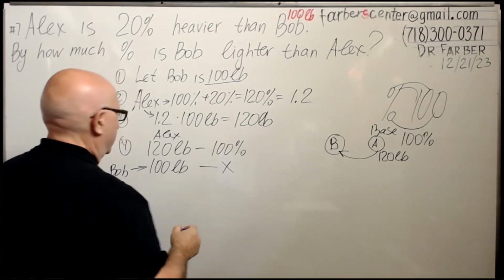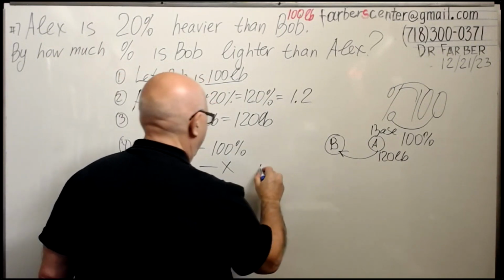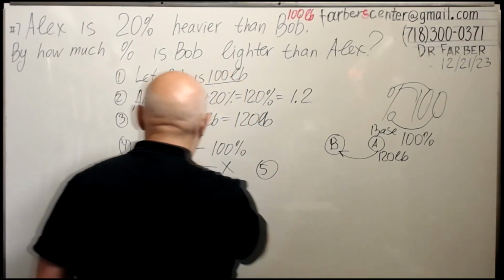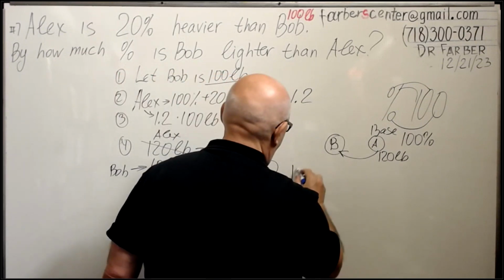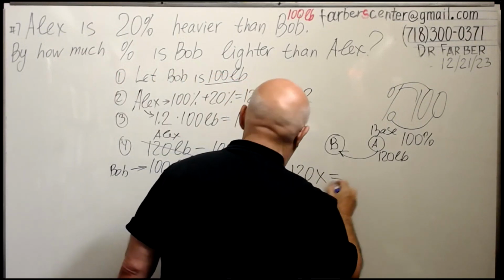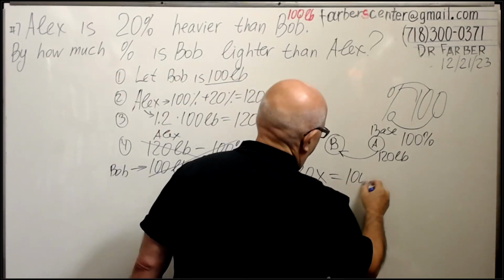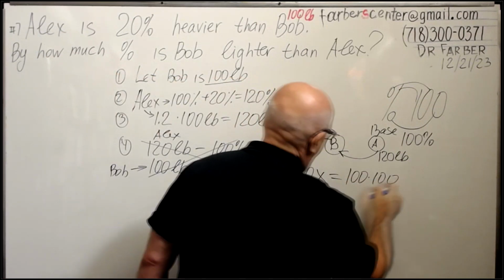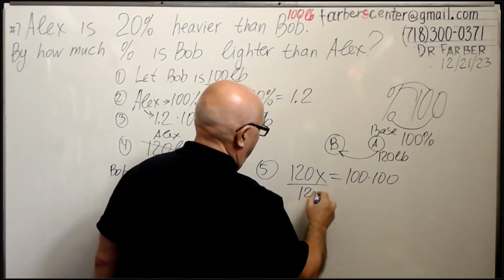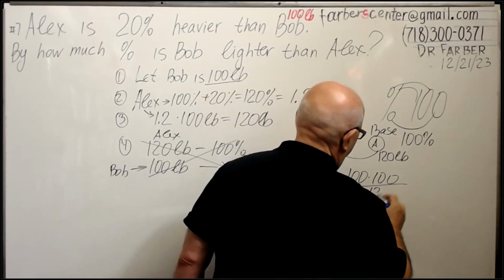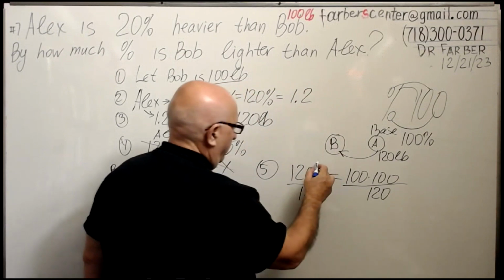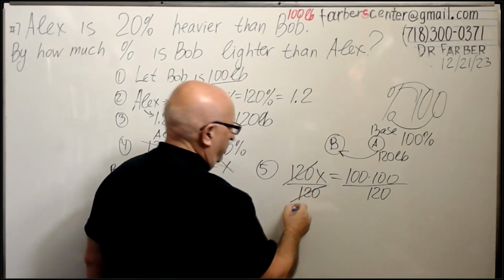What is next? Cross multiplication, step number 5. X times 120 equals 100 times 100. Divide by 120, by 120. Look at those slowly, 120, 120.